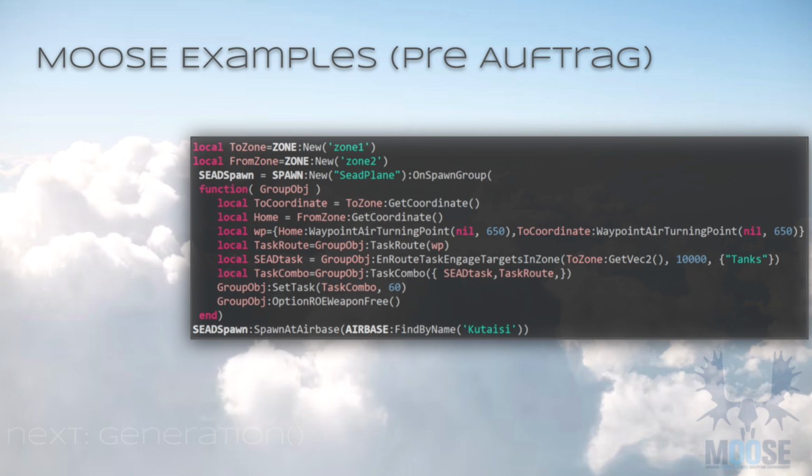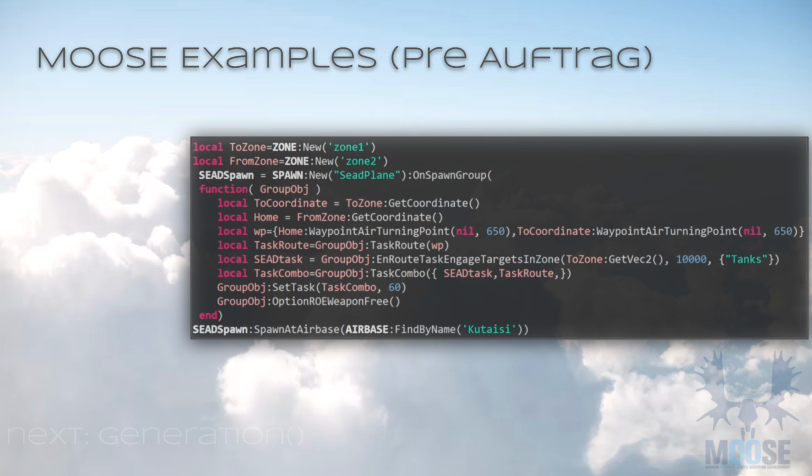This function is going to create two coordinates from both the zones that we made. So the first line's to coordinate is to zone, and home equals from zone. That gives us two coordinates, and we're going to use those to build that mission task that we talked about.